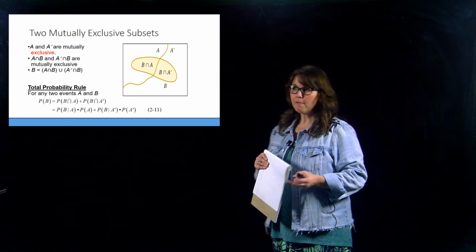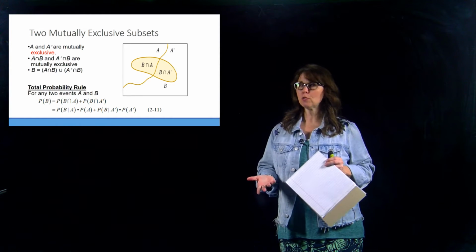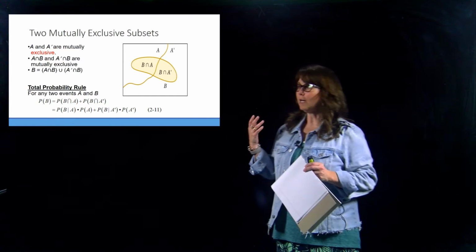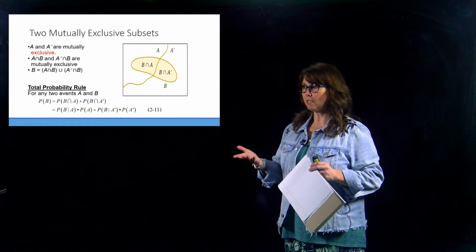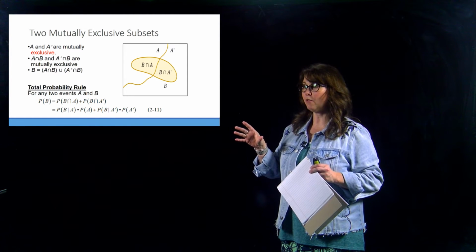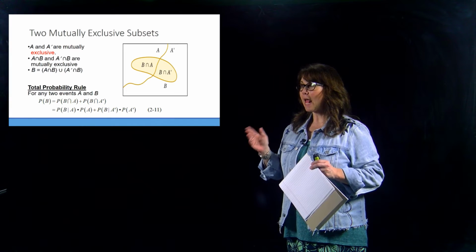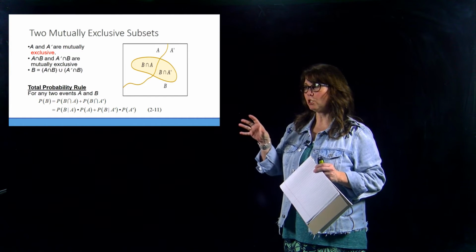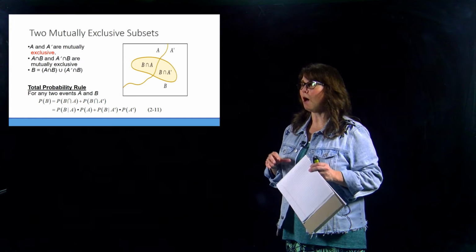All right, so let's talk about what if your two sets are actually mutually exclusive. And so A and A complement are mutually exclusive. So you take a look, those are just the portions of the rectangle. And A intersection B, and B is the kind of kidney-shaped looking yellow blob.